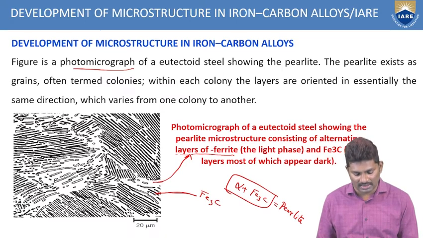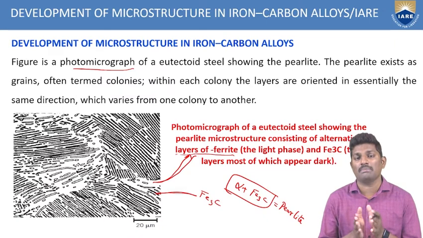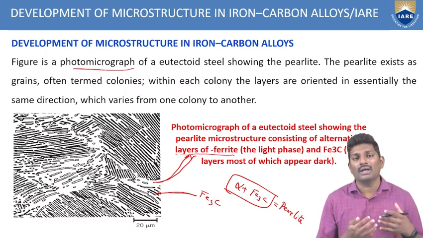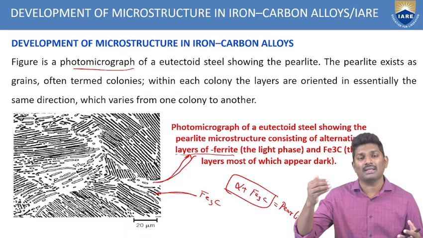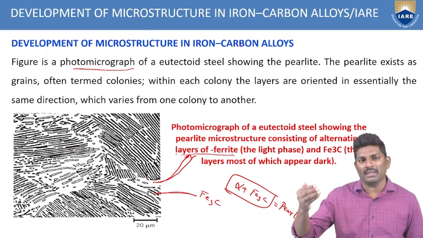The light thing is called ferrite. The combination of these two is called pearlite. So this is a combined pearlite microstructure. That's it. Austenite is converting into a pearlite microstructure in the iron carbon diagram when the system is cooled through the eutectic temperature.